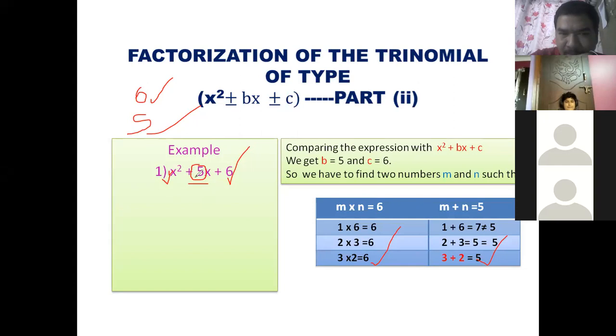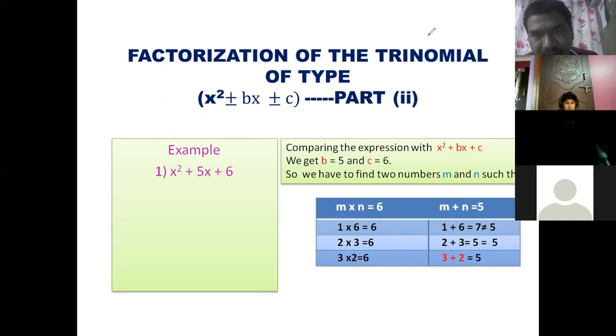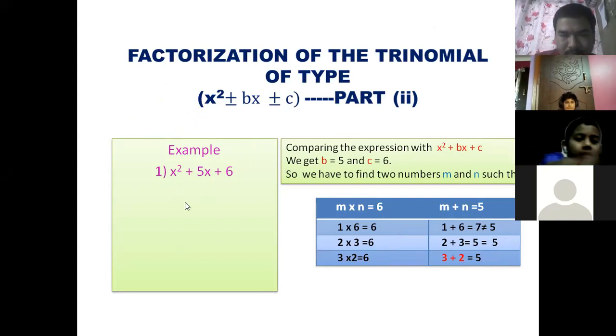While factorizing, in place of 5 you write 3 plus 2, and in place of 6 you write 3 into 2. Clear, children? Yes, sir. And what I told, whatever rough work is shown at side one, you can show it if you want, but it is not compulsory. Okay, children?